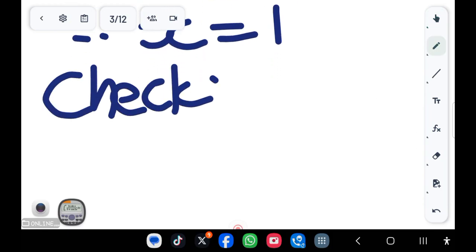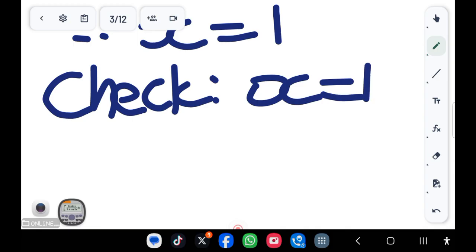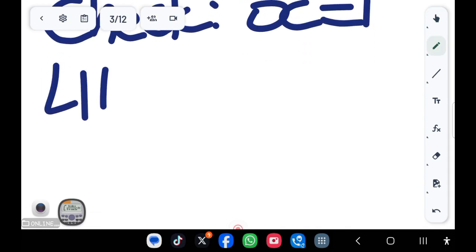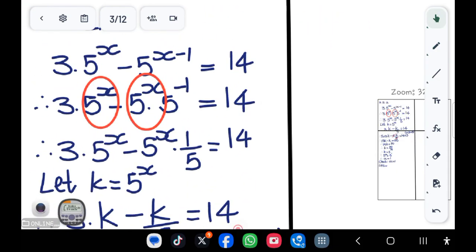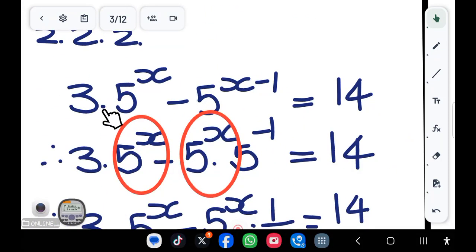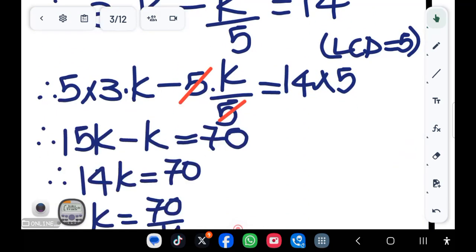To check that x equals 1, we go to the left-hand side and substitute 1 wherever there is x. So go back to the original equation. The left hand side is 3 times 5 to the power of x.